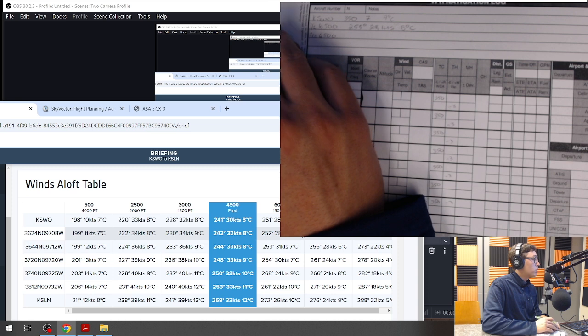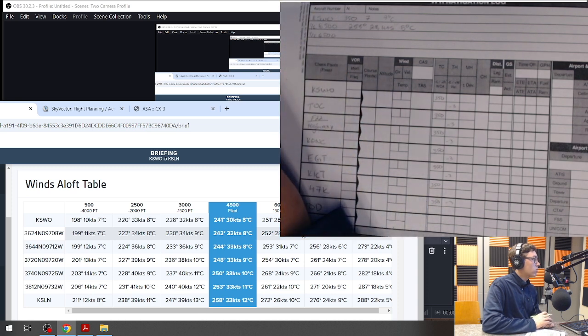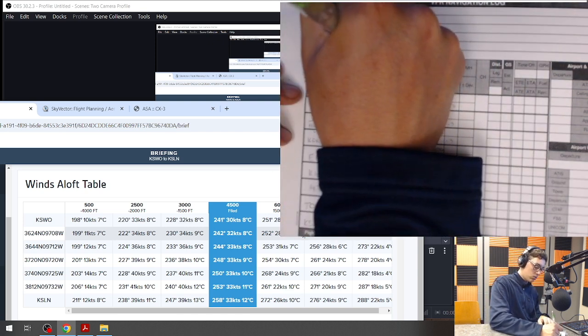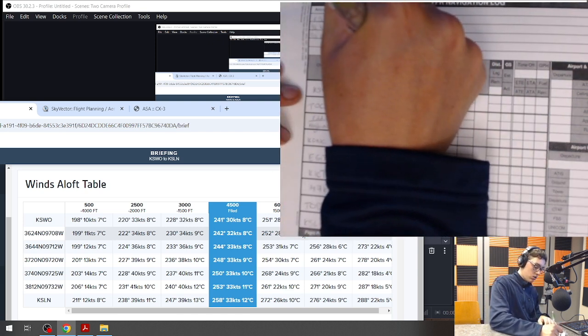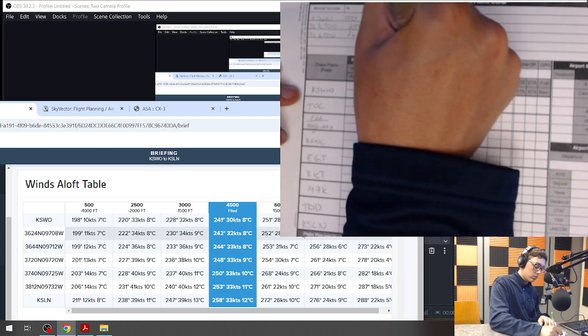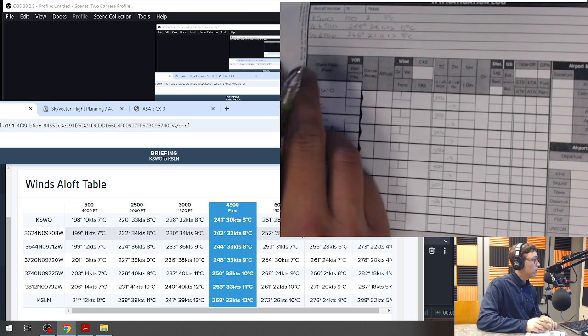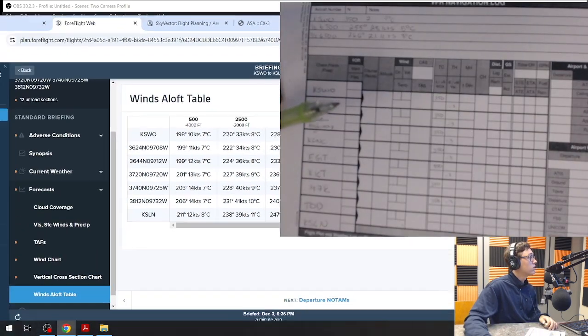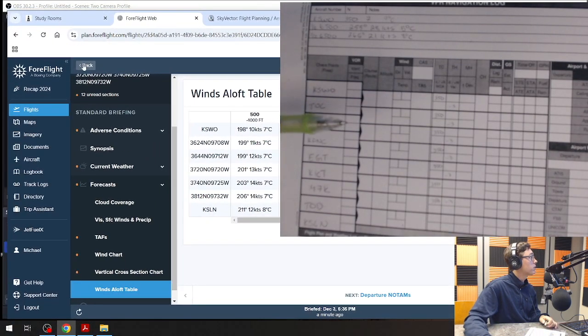And what you really want to do is interpolate for all these things. So let's use 6,500, and we'll call it 266 at 21 knots. And 8 degrees Celsius. There we go.